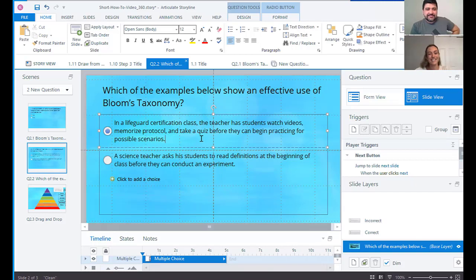I was trying to show that the lifeguard teacher was building up more practice before moving them into action learning. And the science teacher, like simple definitions and then that's it. They weren't doing the whole learning process. Okay. So now this question is not confusing.